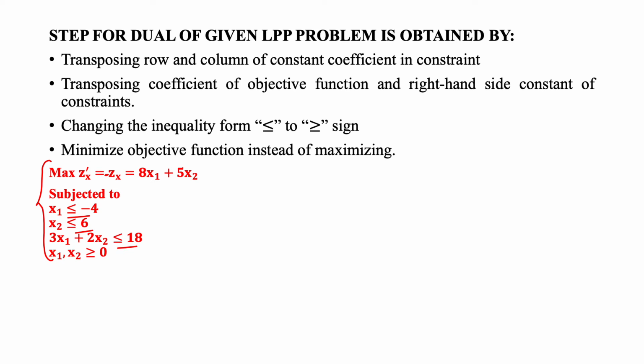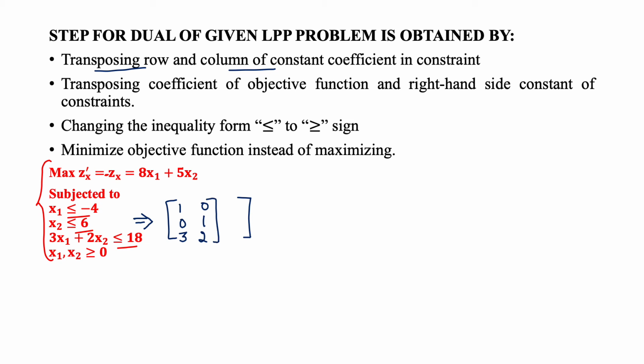For dual form, we transpose the rows and columns of the constraint coefficients. Here, the coefficients of constraints in matrix form are 1 0, 0 1 and 3 2. So that's my matrix form.